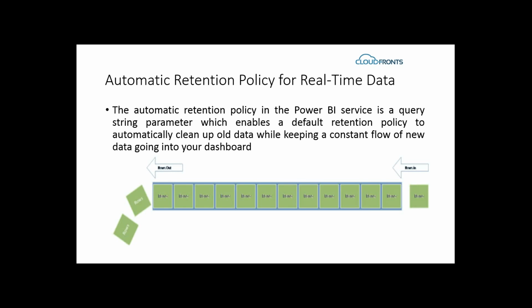By default, the retention policy is first in, first out, meaning that once we start pushing data into our dataset and the number of records reaches 200,000, Power BI will automatically start deleting the oldest record first, and it will maintain a record count between 200,000 and 210,000. So this is a very good feature with Power BI Online.